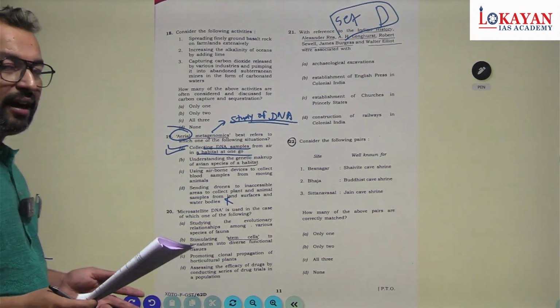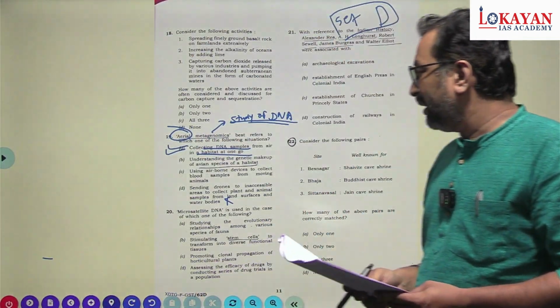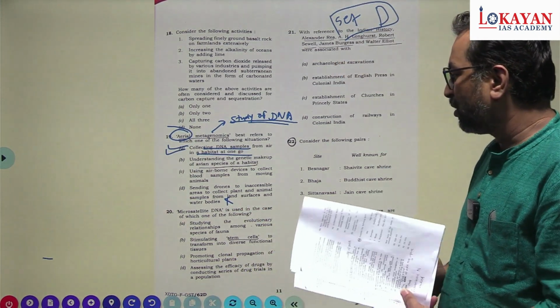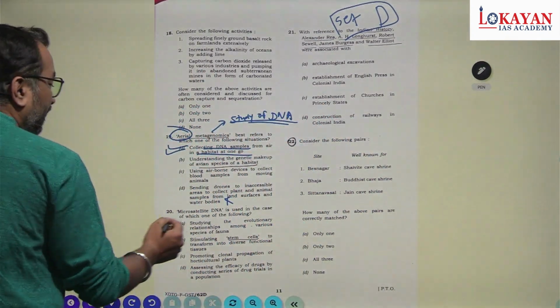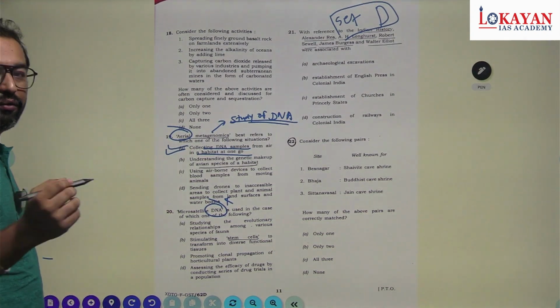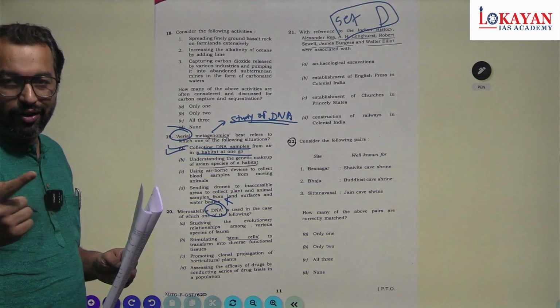Question number 20 is again related to DNA, right? Microsatellite DNA is used in the case of which one of the following? What do you mean by microsatellite DNA? It is a smaller part of DNA which repeats itself along the generations.